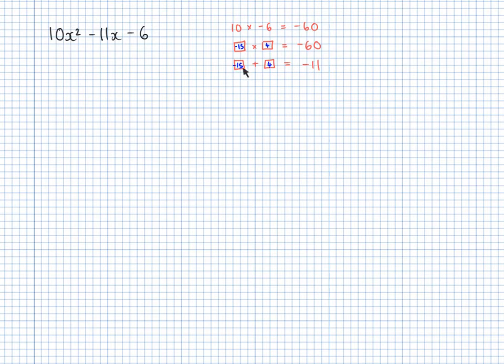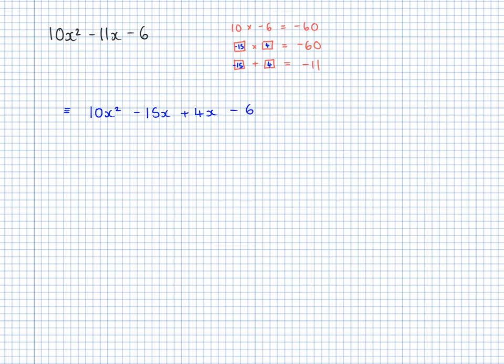And what we do with these numbers is we now rewrite this part here as negative 15x add 4x, because that will give me negative 11x. Okay, so let's rewrite this. We've got 10x squared take away 15x plus 4x and take away 6.